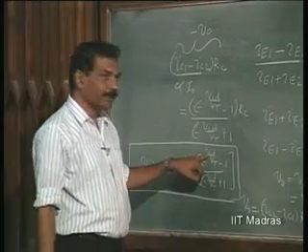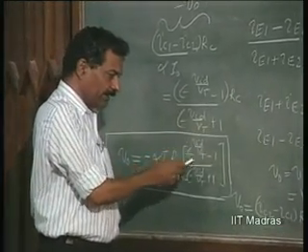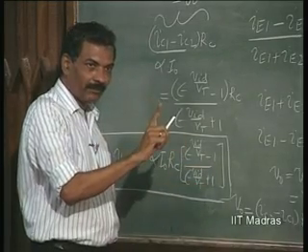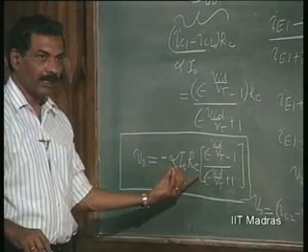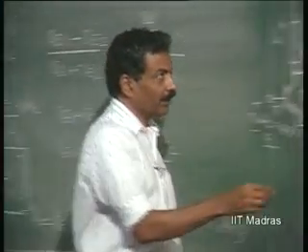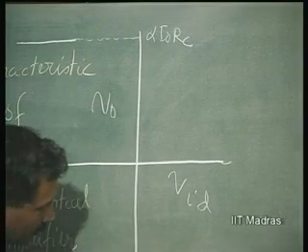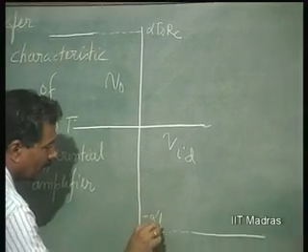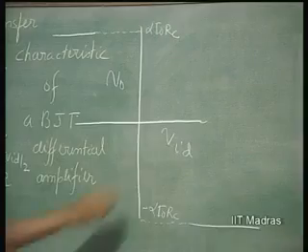Now, when VID is large positive, this is very large compared to 1, this also is very large compared to 1. This whole factor will go towards 1, and therefore, this V naught will go towards minus alpha I naught RC. That means, the other asymptotic approach is minus alpha I naught RC when VID is large positive.